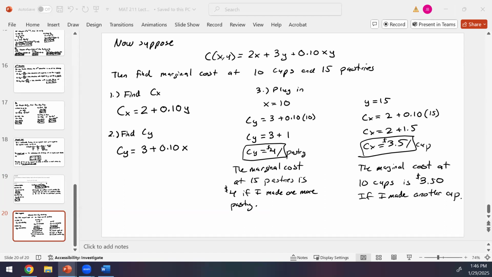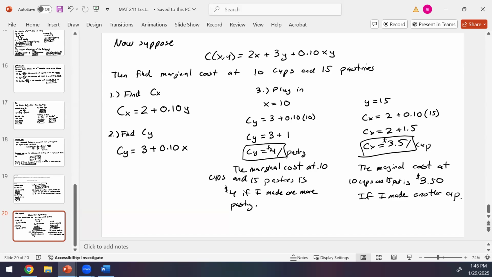Just to be safe, we'll add the 10 cups though. I just want to make sure that it's explicitly so at 10 cups and 15 pastries. So we'll just add that because technically you are inputting both parameters. So this is more of like, just to be absolutely clear, the marginal cost at 10 cups and 15 pastries.